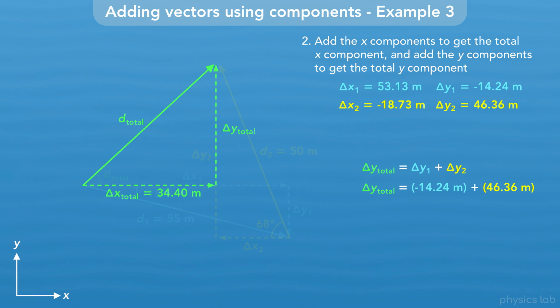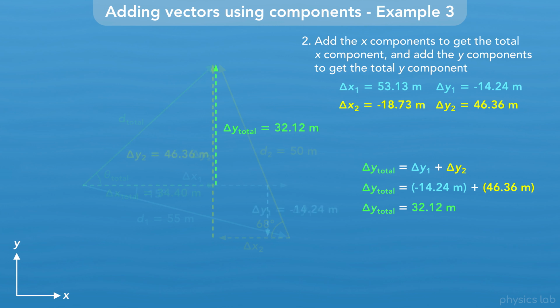We plug in negative 14.24 meters for delta y1 and positive 46.36 meters for delta y2, which gives us 32.12 meters for delta y total. In the y direction, the boat moves down 14.24 meters, then up 46.36 meters, so its total displacement is 32.12 meters up in the positive y direction.